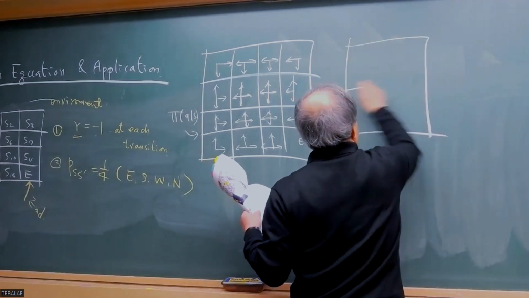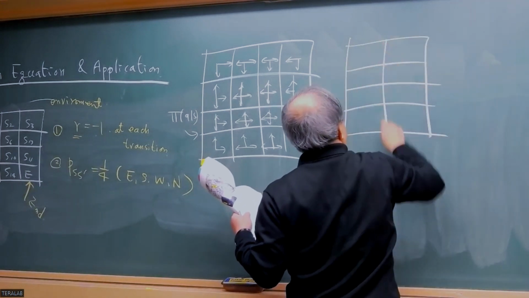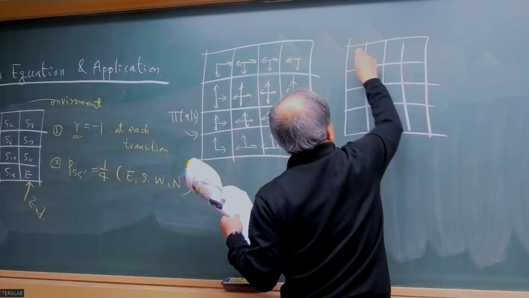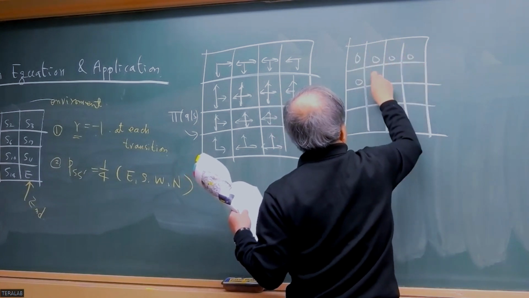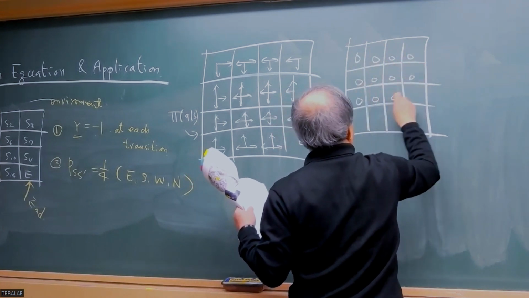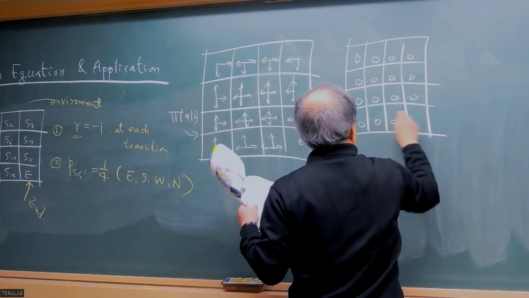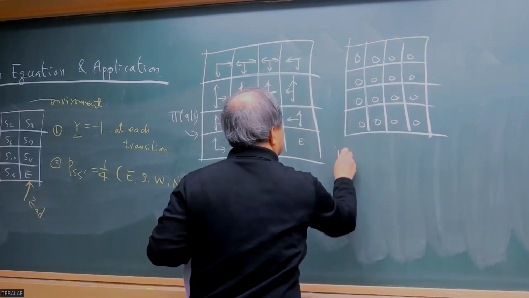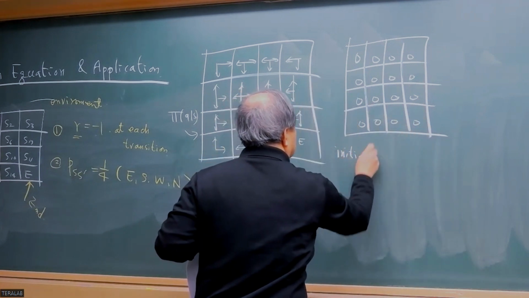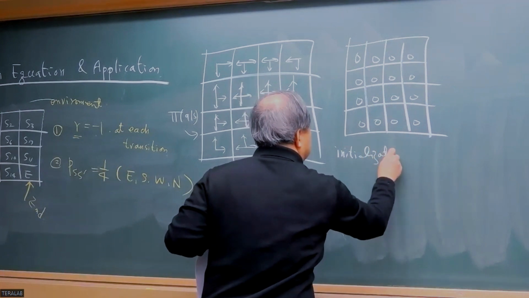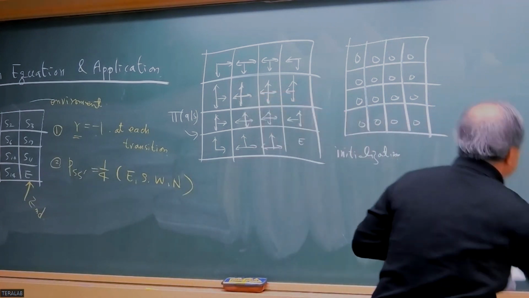Step number one is to initialize all the values to 0, 0, 0. This is initialization of the value function.